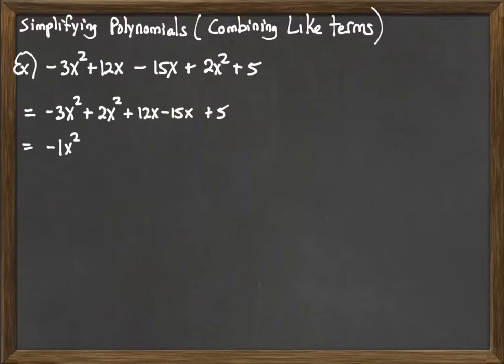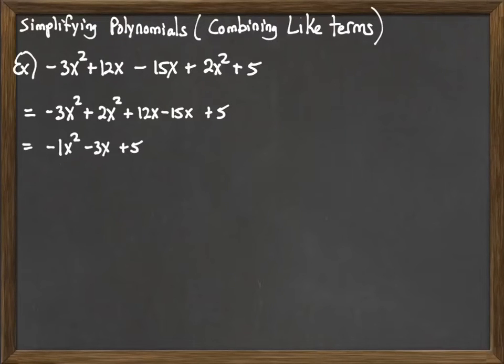We then move to our 12x minus 15x, and 12 minus 15 will be negative 3, so it'll be minus 3x, keeping the variable. The last piece, which doesn't have anything to combine with, is just plus 5. So we get our answer, minus 1x squared minus 3x plus 5.